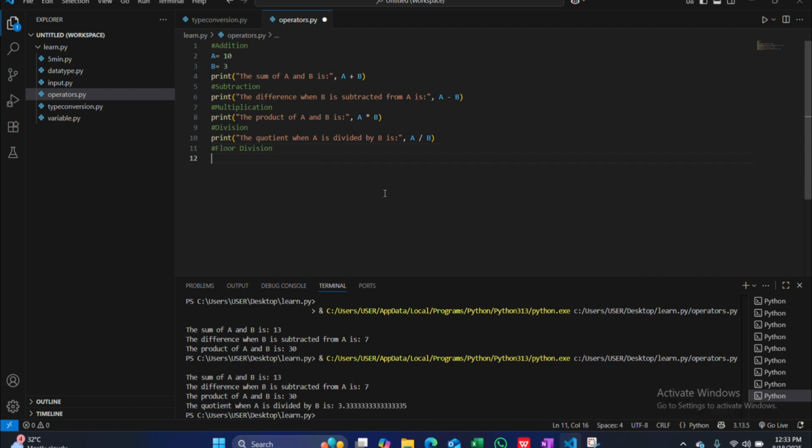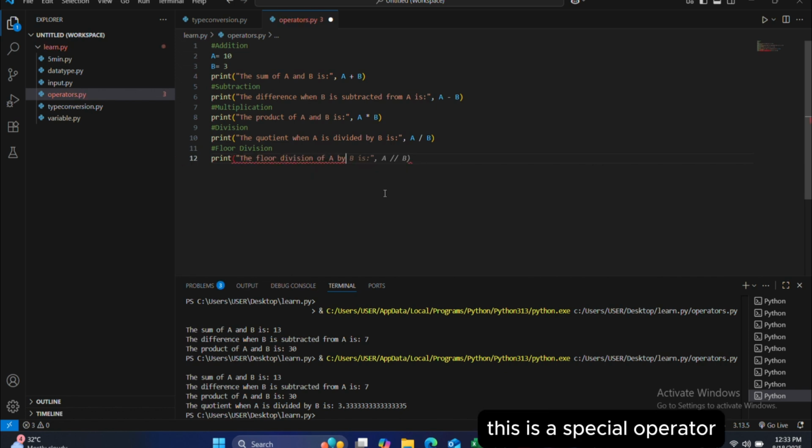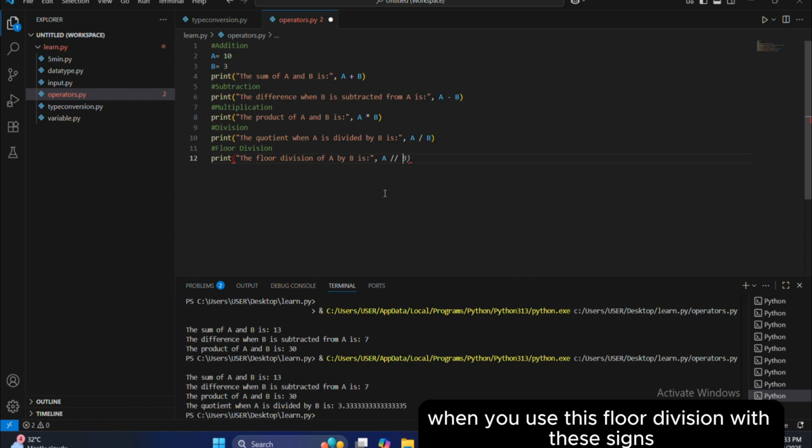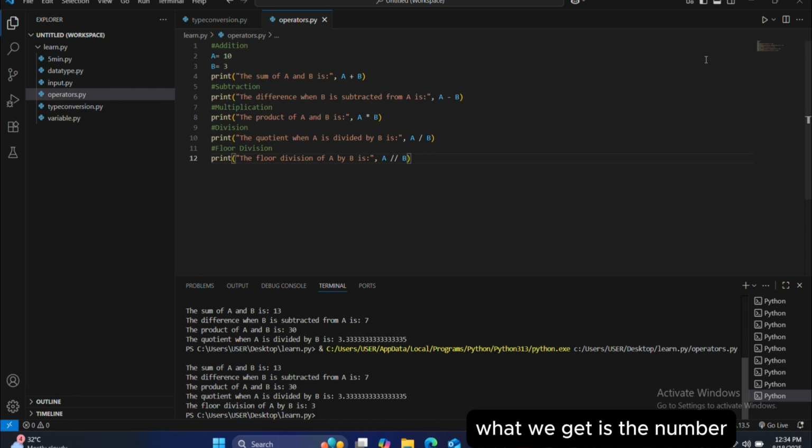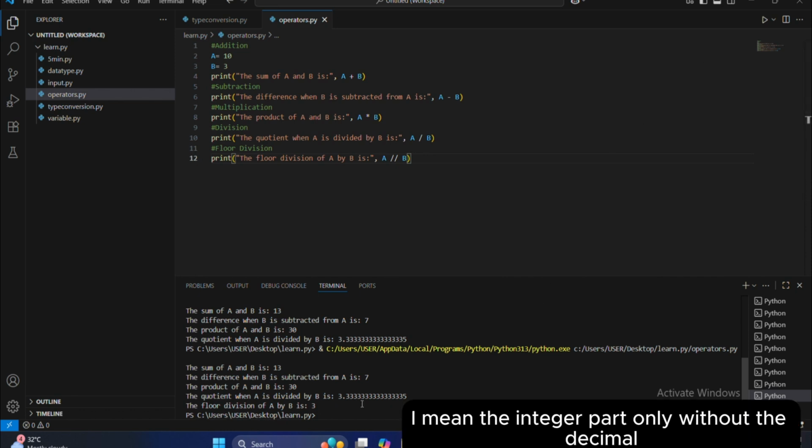Okay, then print. This is a special operator. When you use this floor division with these signs, what we get is the integer part only, without the decimal.